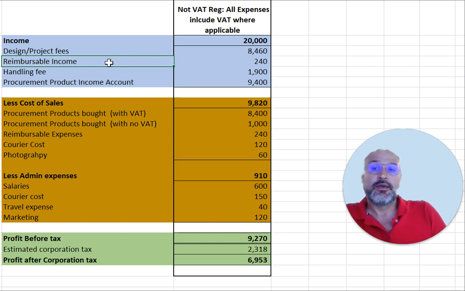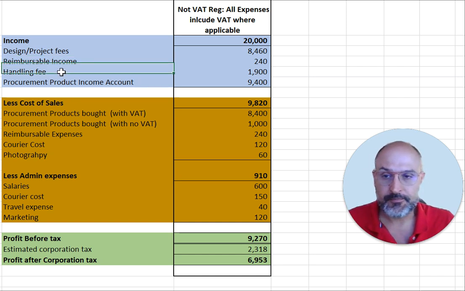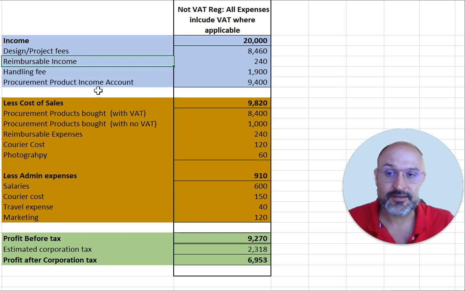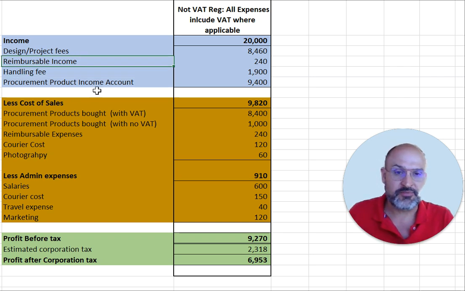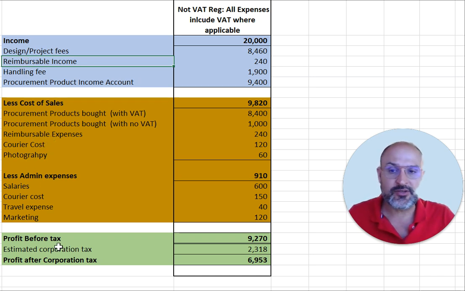So reimbursable expenses will be things like travel expenses and those sort of things that you incurred that you're going to charge onto the client. In this example, and it's a very simple thing that a lot of businesses do, they call the account reimbursable, but you're going to have a reimbursable income account, you can have a reimbursable expense account, you can have a reimbursable for your employees as well.